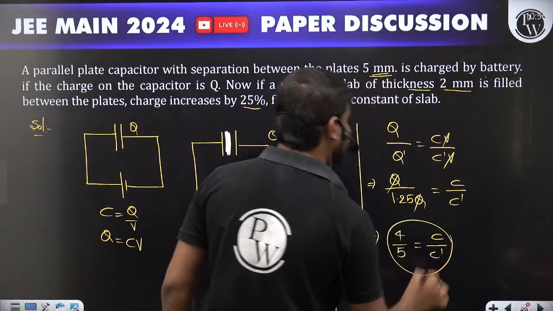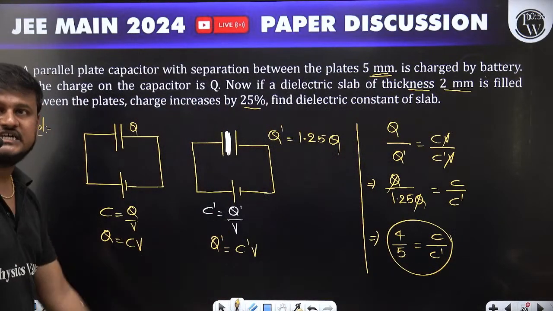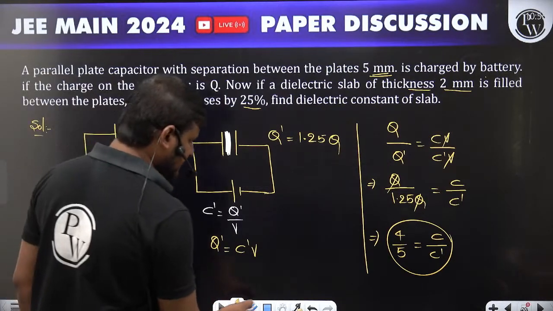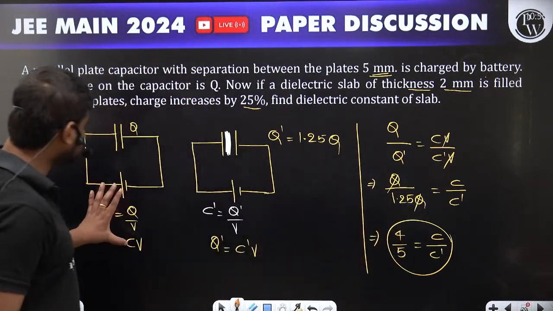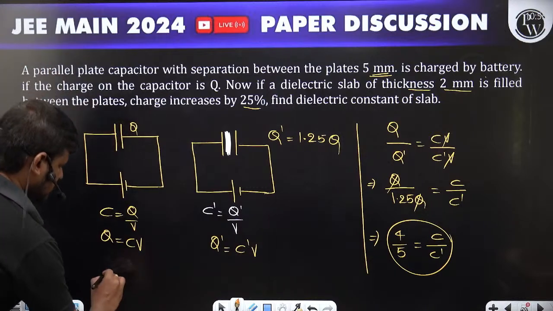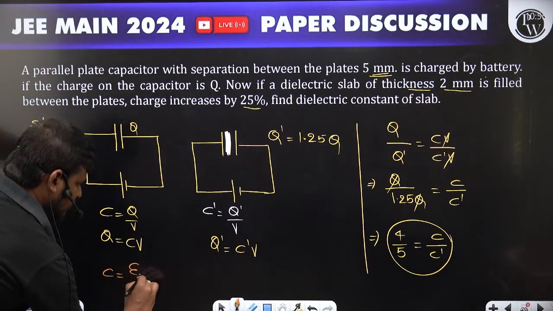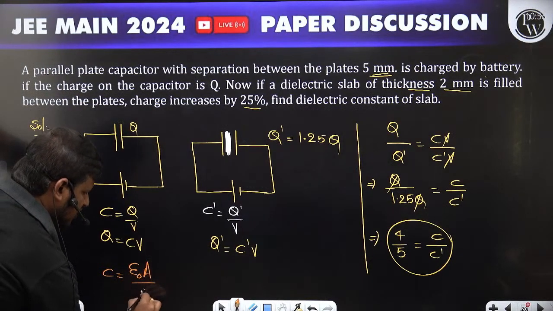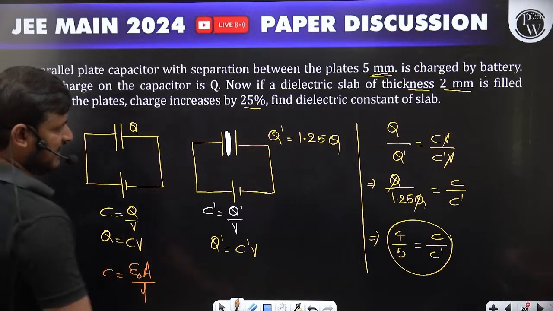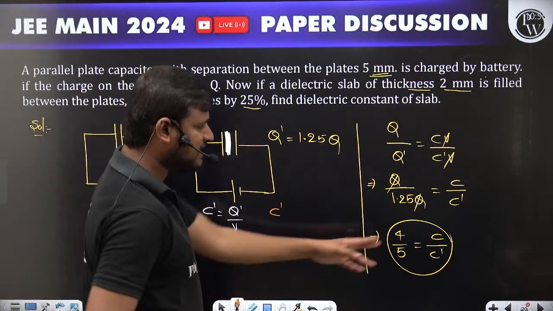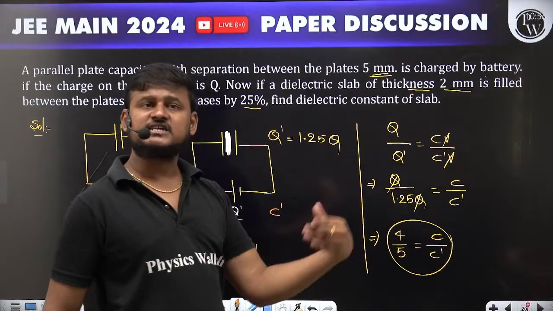Now the thing is, what is C and what is C dash? C is the capacitance when there is no dielectric placed. The capacitance without dielectric is epsilon naught A by D. And the capacitance C dash is the capacitance when the dielectric is placed.